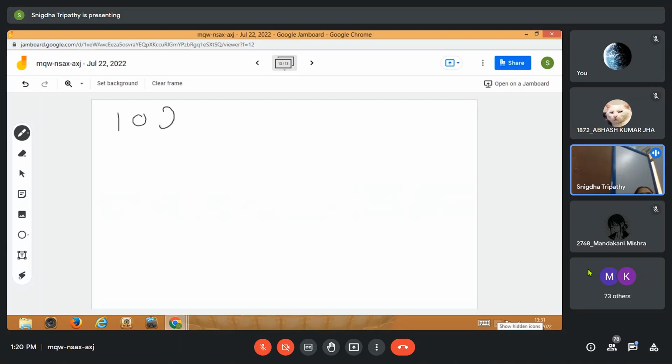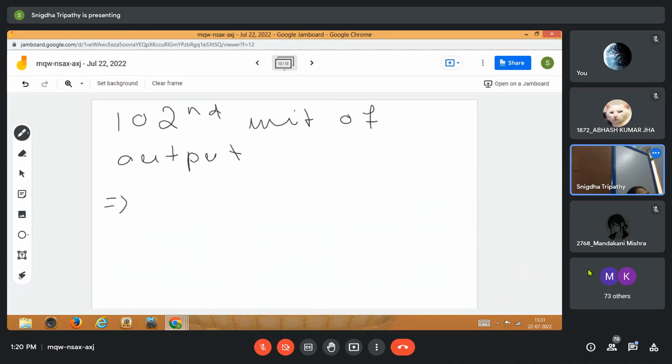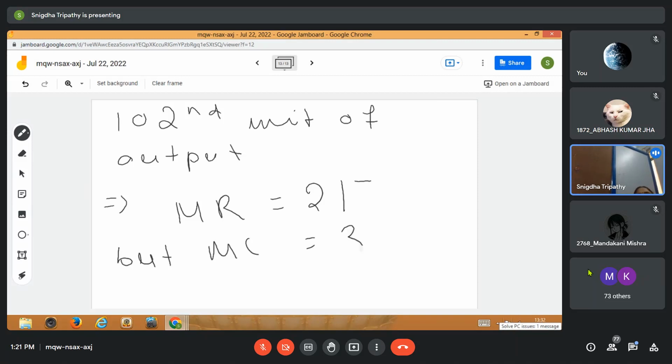Suppose the marginal revenue is 2 rupees, but the marginal cost is equal to 3 rupees.